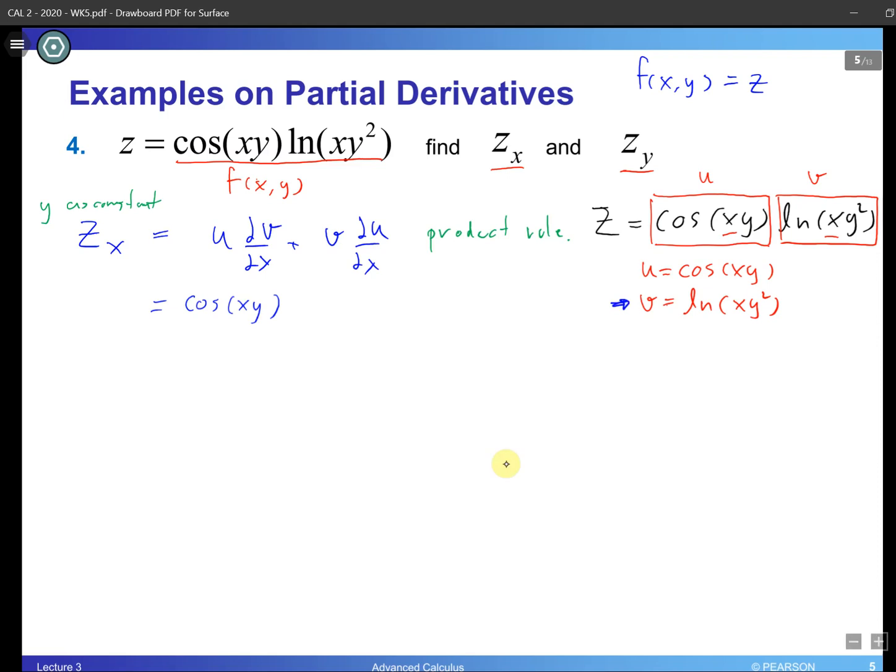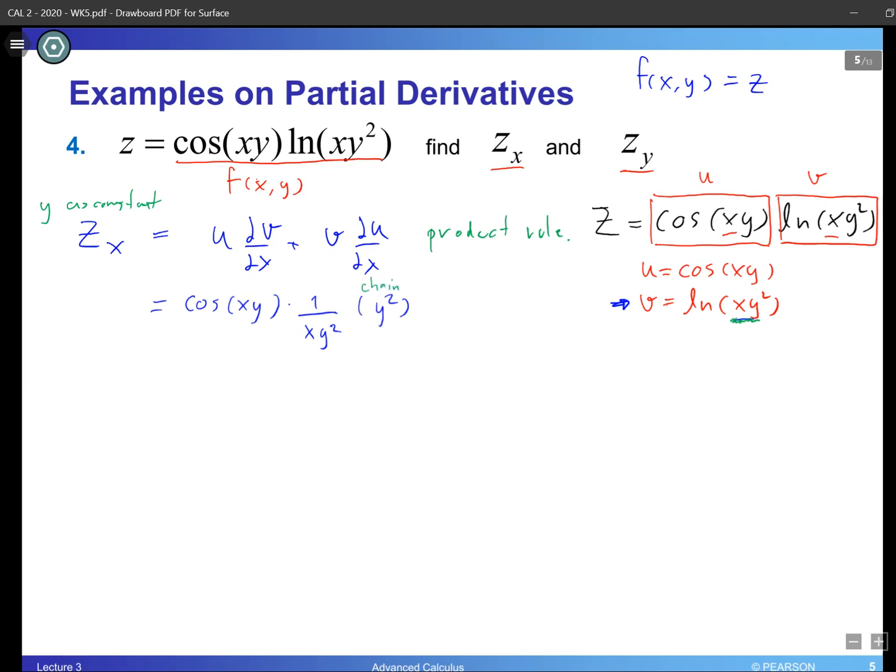Since x is inside ln, I am supposed to differentiate ln first, so I am going to get 1 over xy squared. And then I apply the chain rule. I differentiate the inside with respect to x, and I get y squared out of that. So let's make a note right here that y squared comes from the chain.